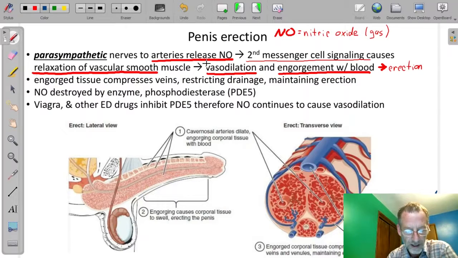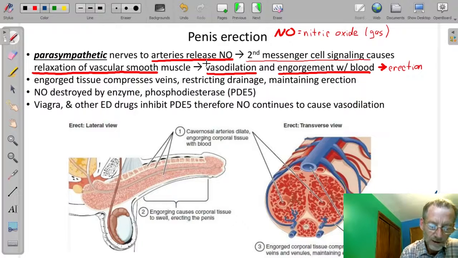So how does Viagra work? And most of those other ED or erectile dysfunction drugs work in a similar way. So normally, the nitric oxide is destroyed by an enzyme. It's a very short-lived gas, short half-life.